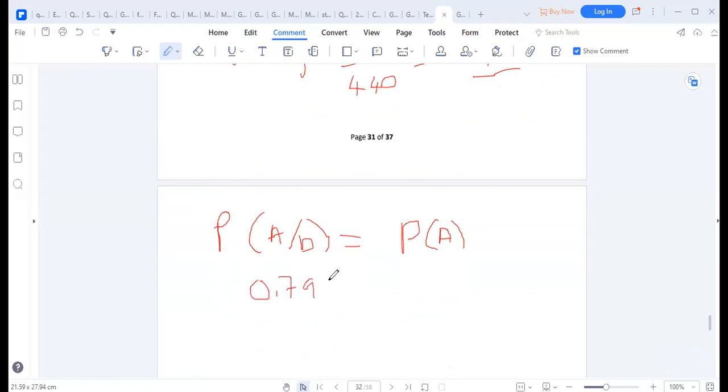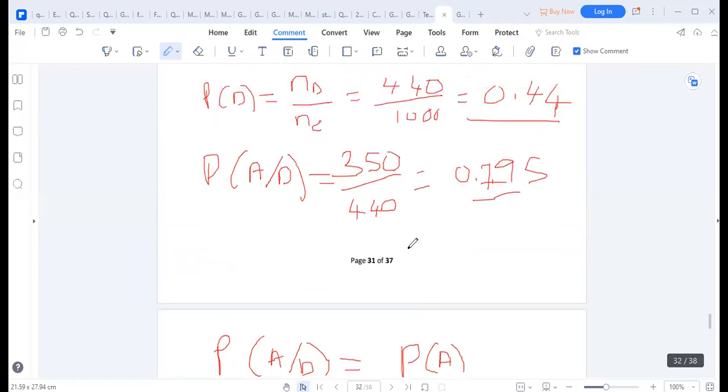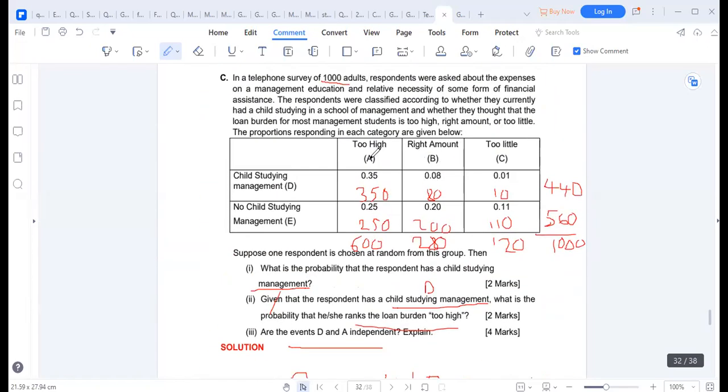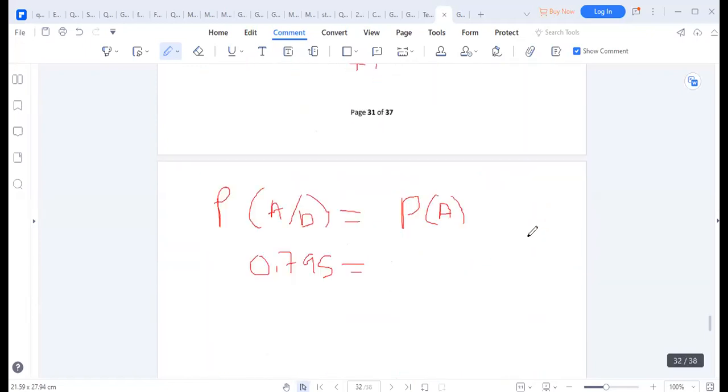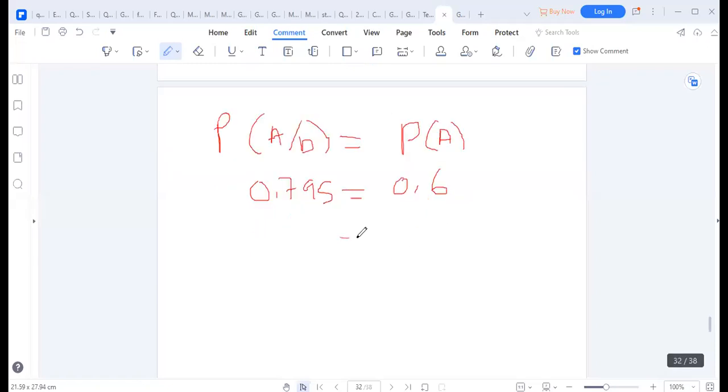A given D is 0.795. Then you compare it with the probability of A. A is 600 over 1000, 0.6. What sign do we put there? Are they the same? No, they're not the same.